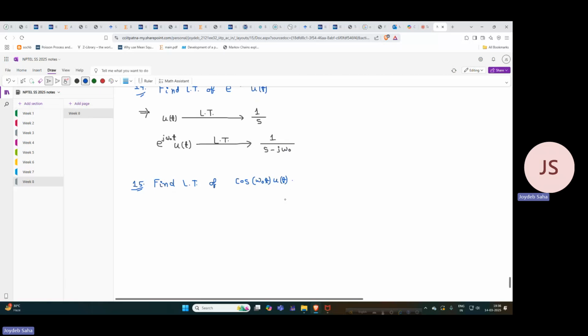You people try to solve this problem first. Take 2-3 minutes or 3-4 minutes. It's a little bit tricky but interesting. Please try to solve and then I will solve it for you.